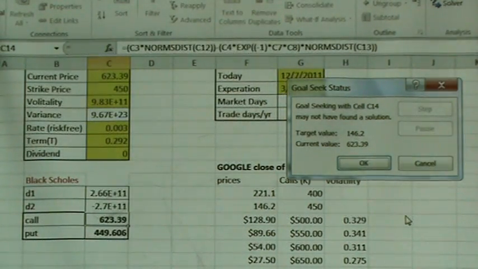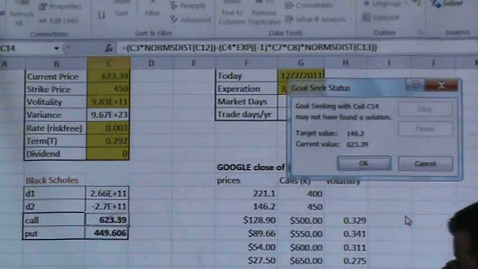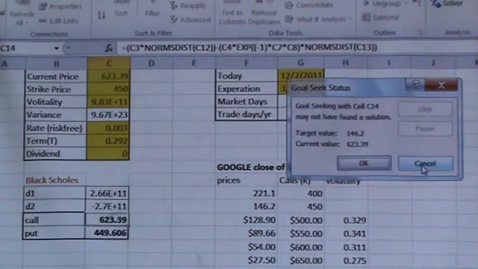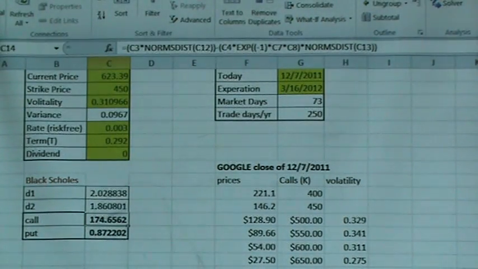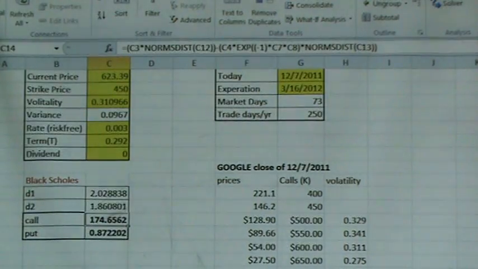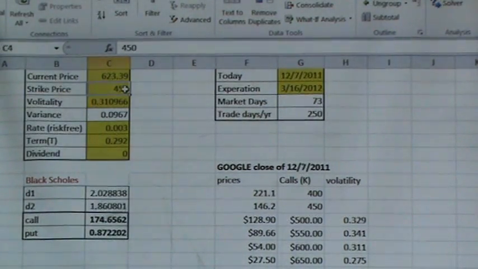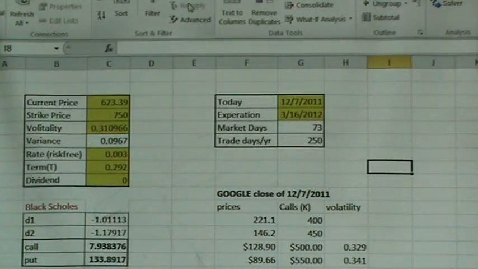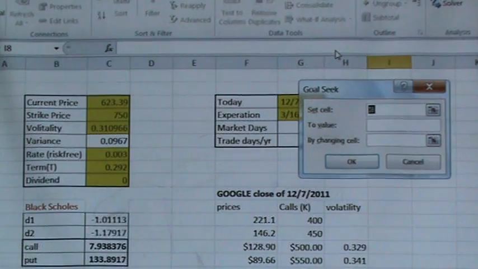This one should just get lower, right? 750, yeah. That should just get lower. It's weird that the put is 7 cents. So let's see, at a strike price of $750. And then we do Goal Seek. So what is Goal Seek?